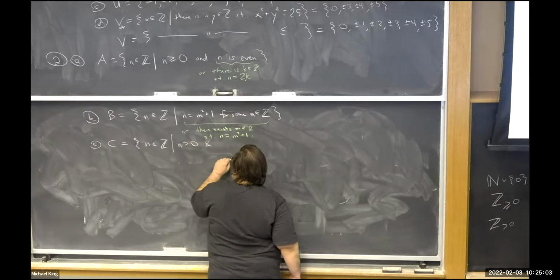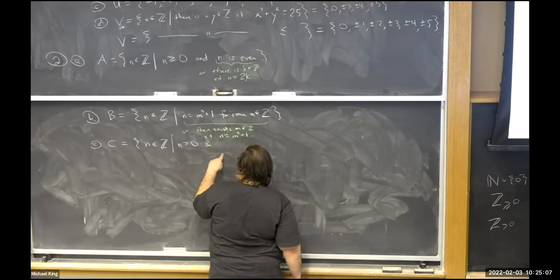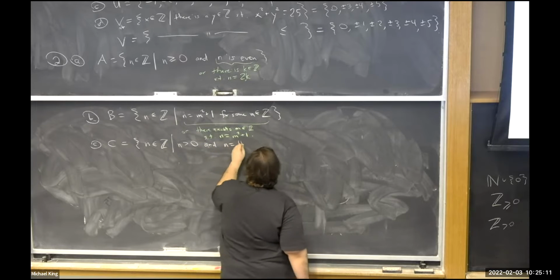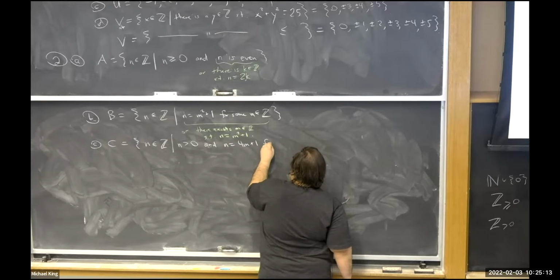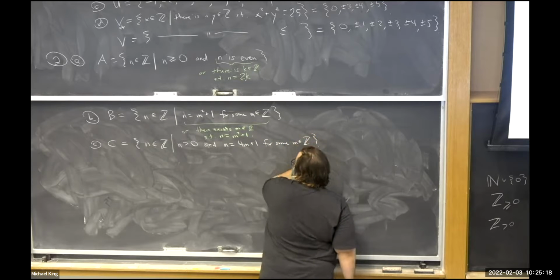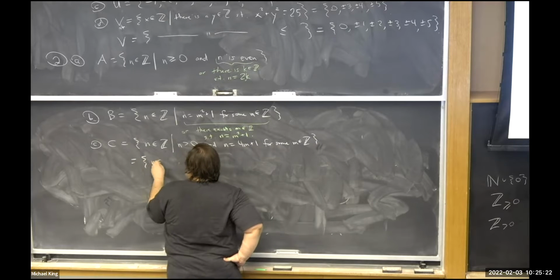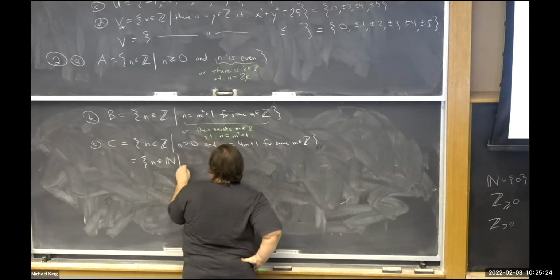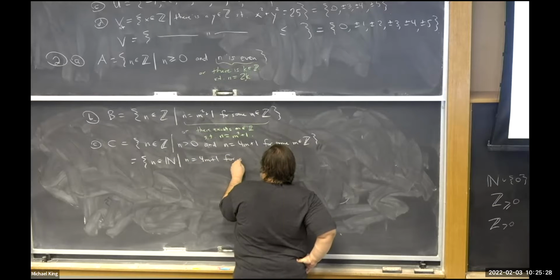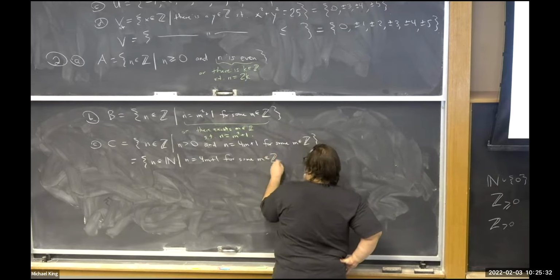And so there's different ways to say this. n equals 4m plus 1 for some m in Z. We could have instead just said n in the natural numbers such that n equals 4m plus 1, some m, I guess that's also in the natural numbers, but it doesn't really matter.